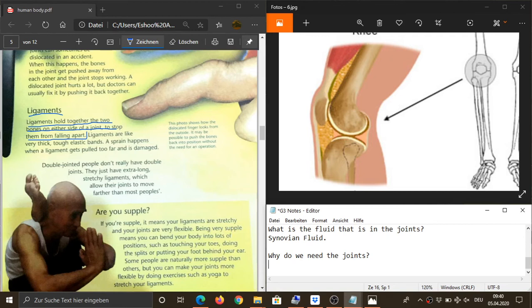Okay, let's see. Because they make it possible for bones to move in angles. You see, they make it possible for bones to move in different directions, so they don't just get fixed in their place.